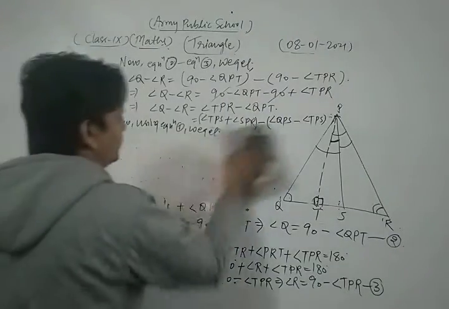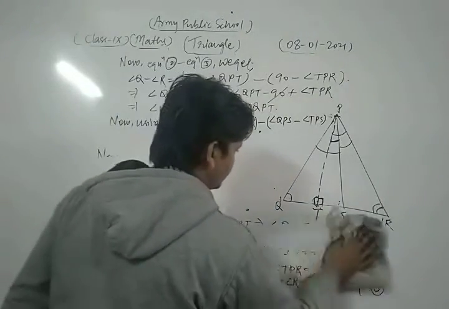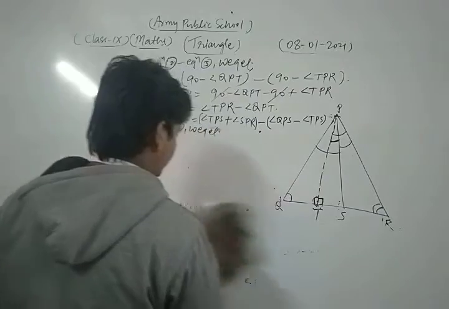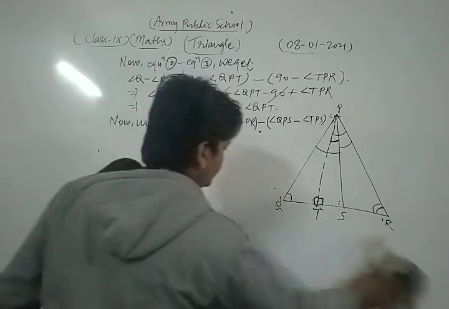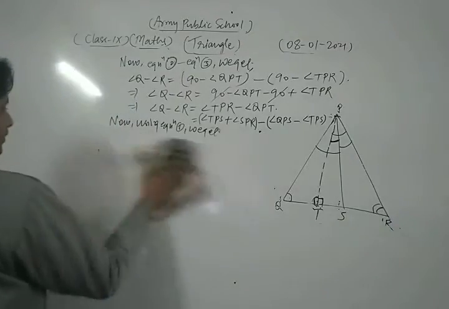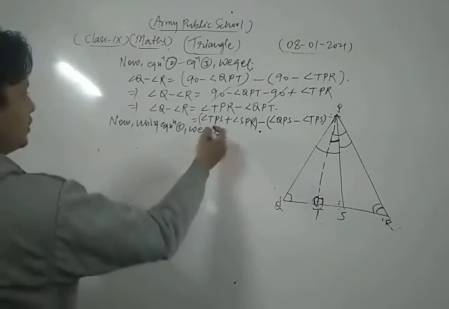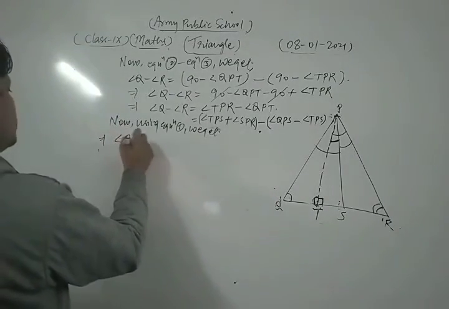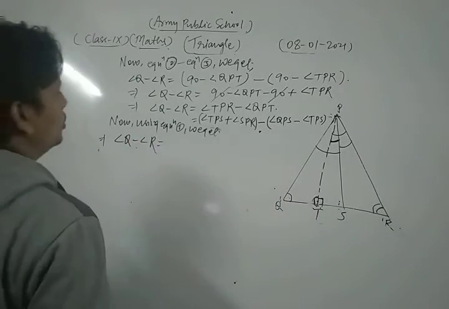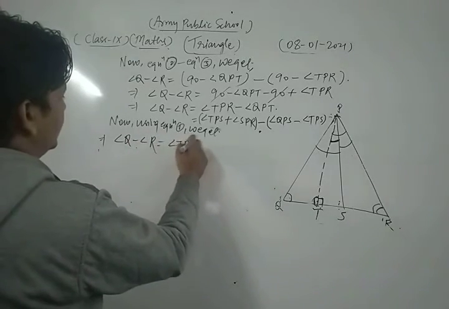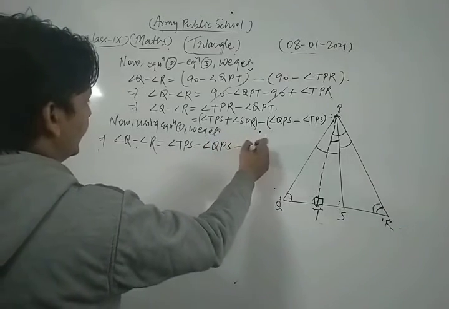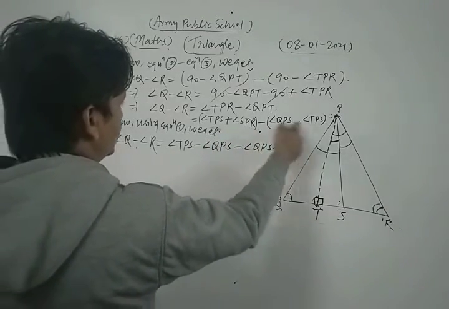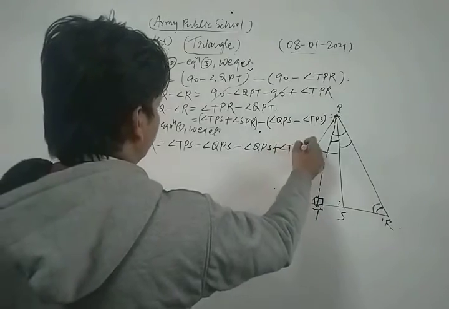Now dear students, using equation 1, we get angle Q minus angle R is equal to angle TPS minus, this we put as angle QPS, and here we break the bracket: angle QPS plus angle TPS.